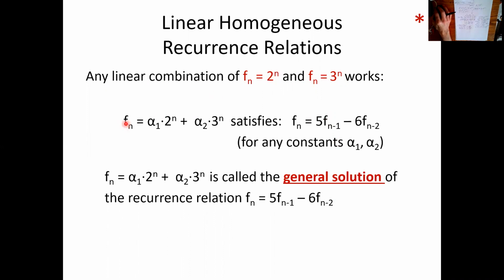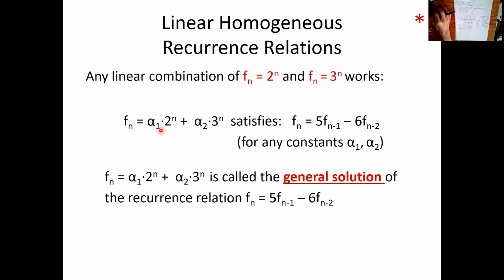In fact, any linear combination of these two solutions also works. Define f of n as some coefficient alpha 1 times 2 to the n plus some other coefficient alpha 2 times 3 to the n. These particular examples are of this form as well. To get this one, you set alpha 1 to 1 and alpha 2 to 0.